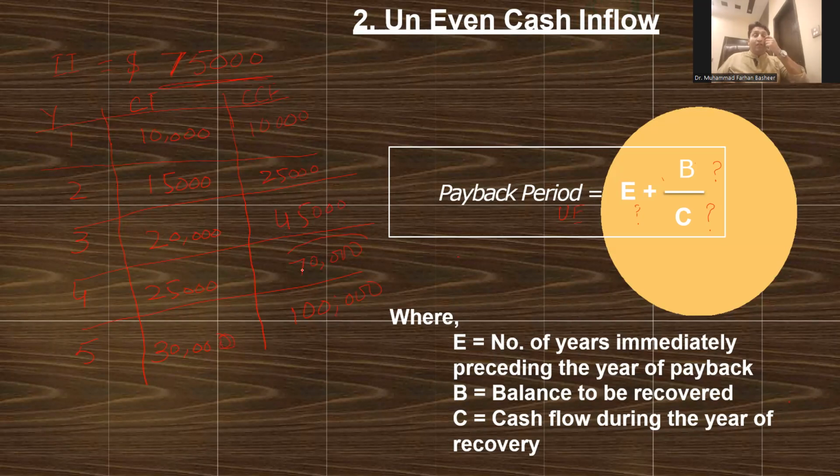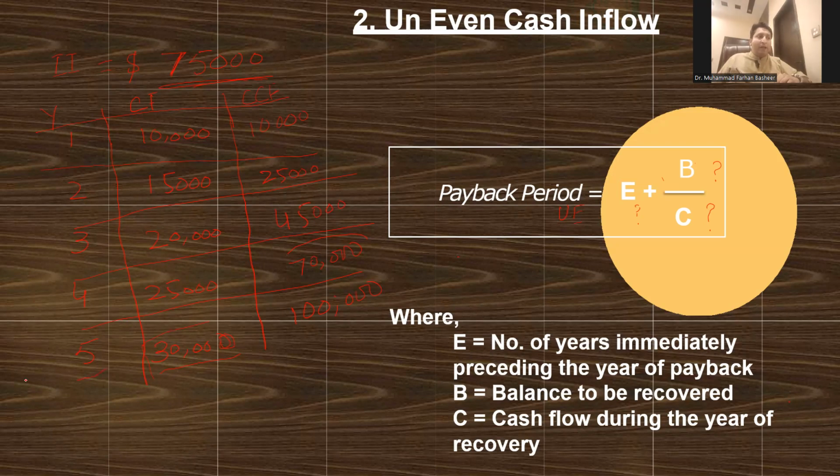So now the question is that during the fifth year we are recovering 30,000, and a portion of that 30,000, exactly 5,000, is the amount from the initial investment, which must be included in the calculation of the payback period. We cannot include the whole fifth year, because 4 years are completely involved in the payback period, but only a portion of the fifth year. So that's why E is the year preceding the payback year.